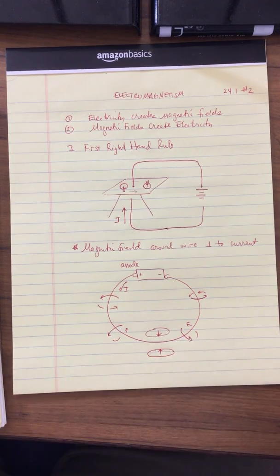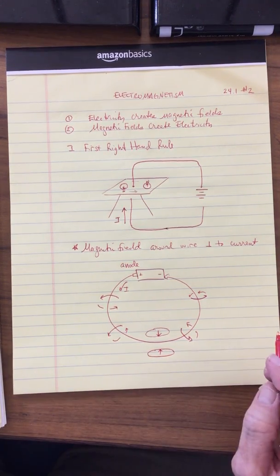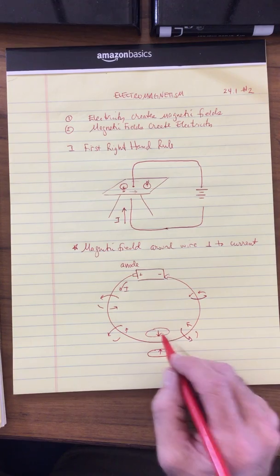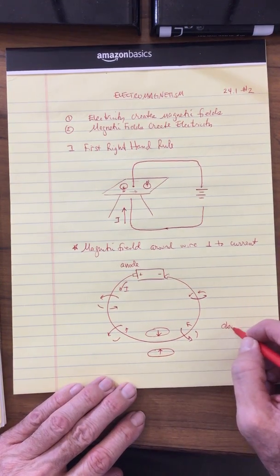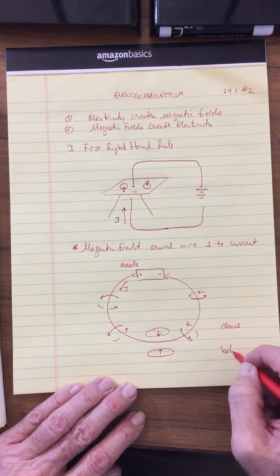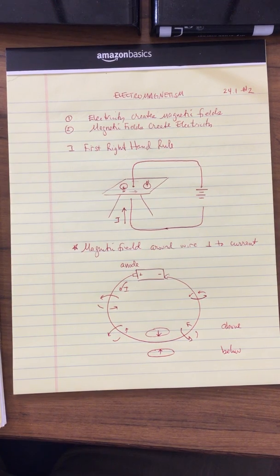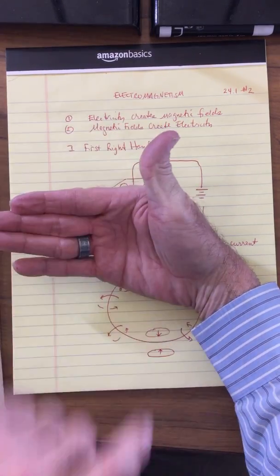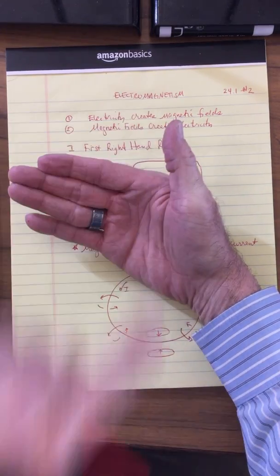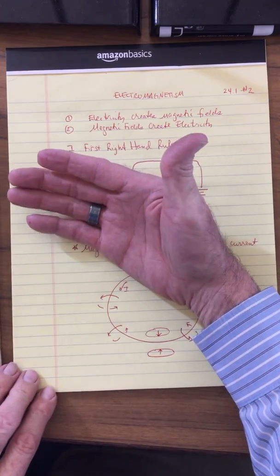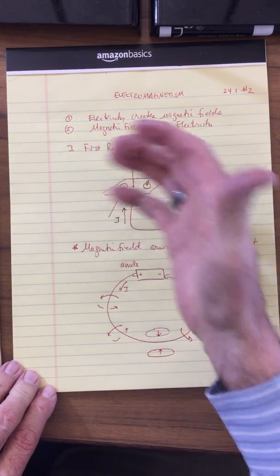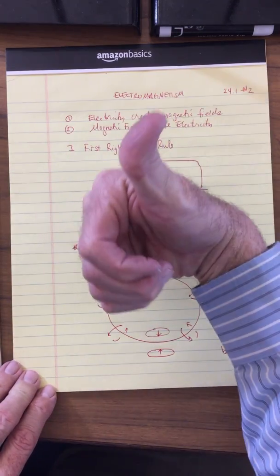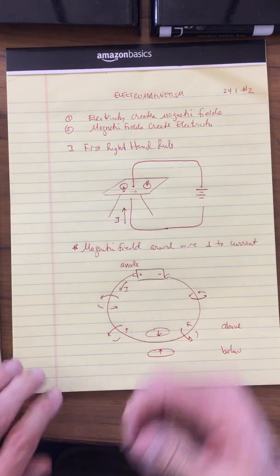And so it would appear that north would be in that direction. So this is the compass when it's above, and this is the compass when it's below. So with the first right-hand rule, you take your thumb as the direction in which the current is traveling, and then the magnetic field will go around the wire as your fingers curl around the wire in that direction.